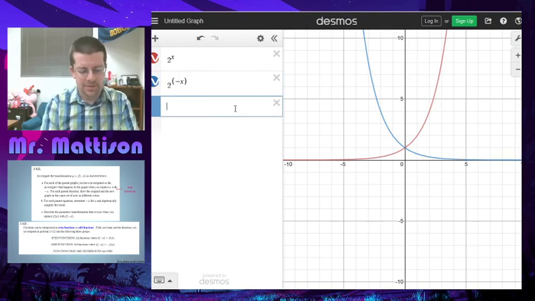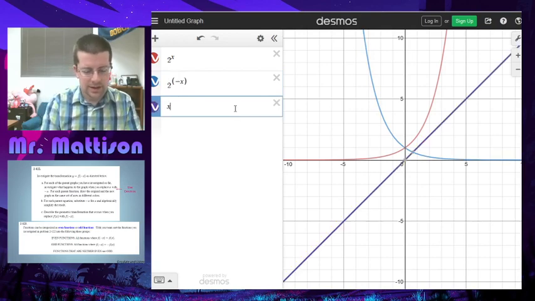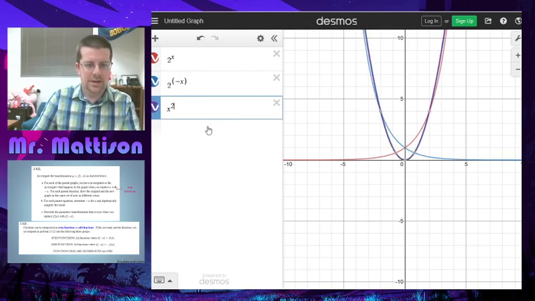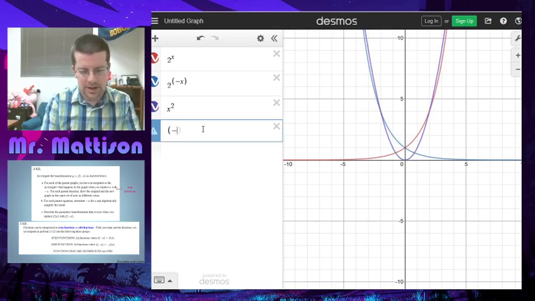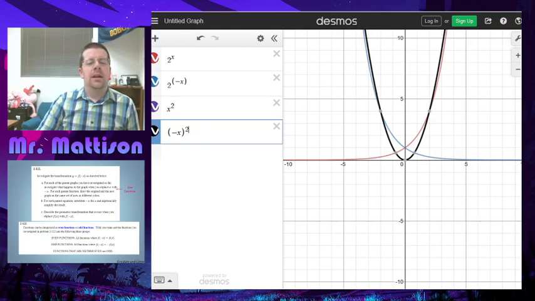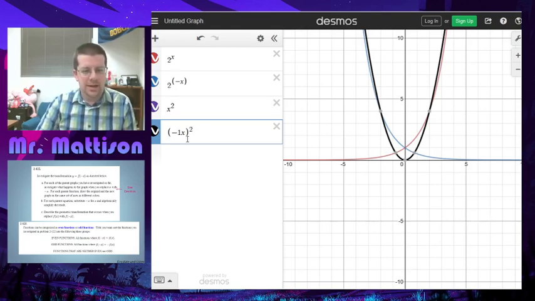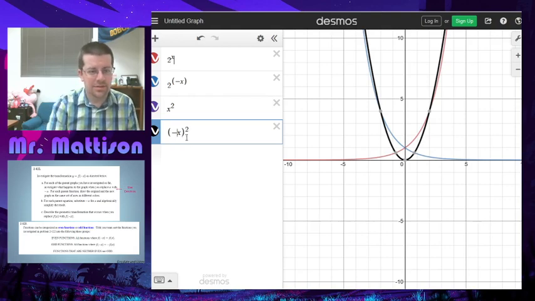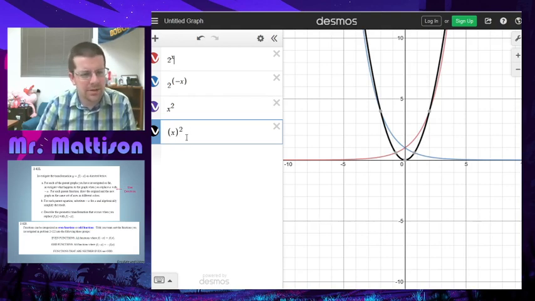If I did x to the second and negative x to the second, right? I can think of it as this being a -1 times x to the second power, and I can square the -1 and the x separately. Well, what's -1 squared? It's 1. So this is the equivalent to just being x squared, right?